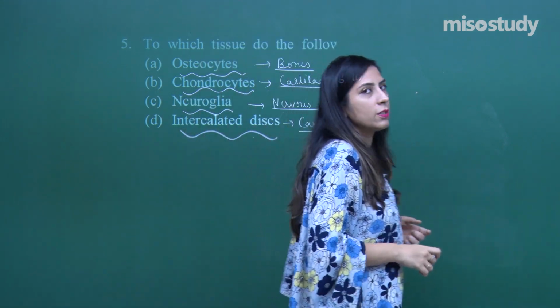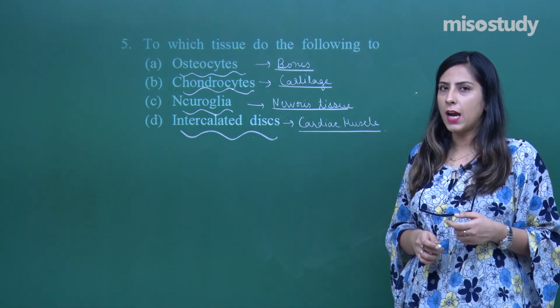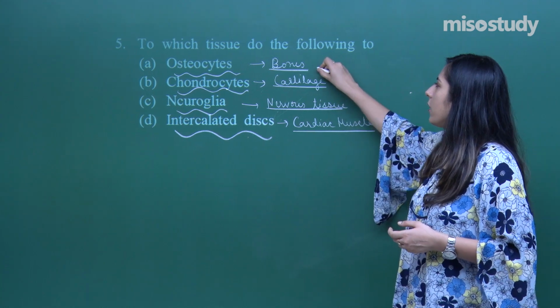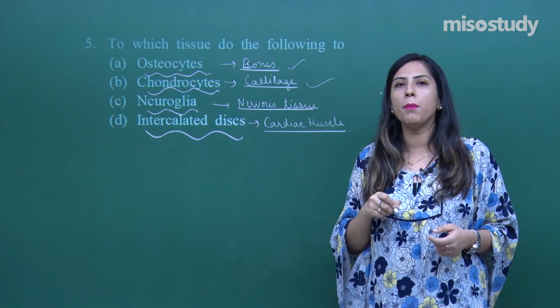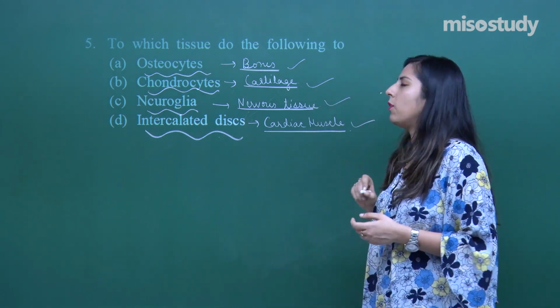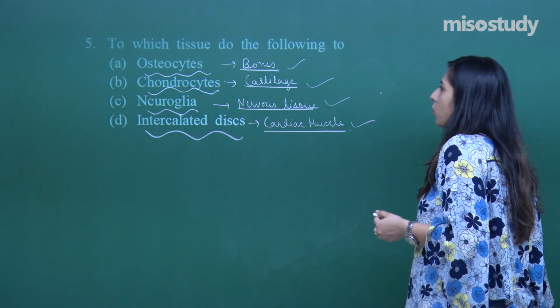So, this was question number 5. Bone, chondrocytes belong to cartilage, neuroglia belong to nervous tissue, intercalated disc belongs to the cardiac muscle, heart. Now let us move on to the next question.